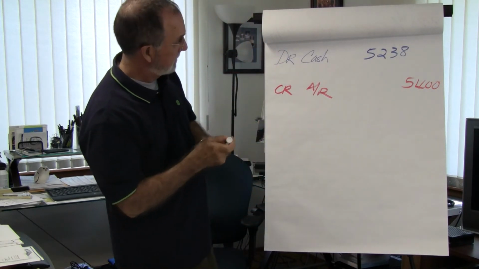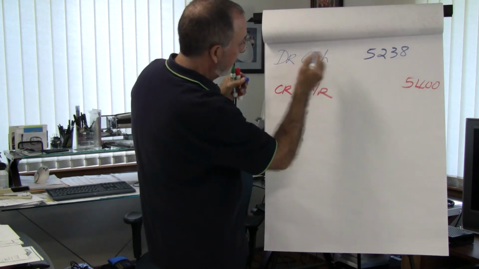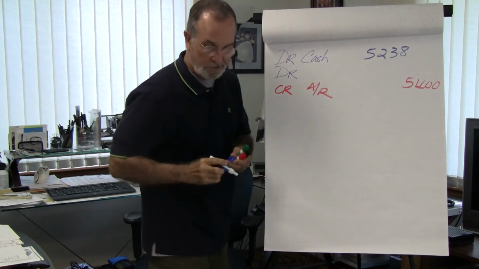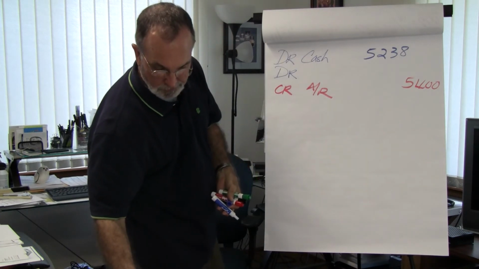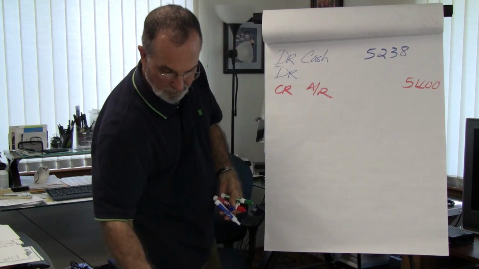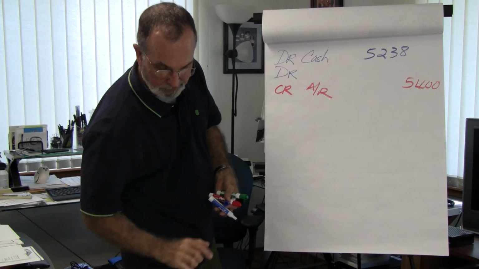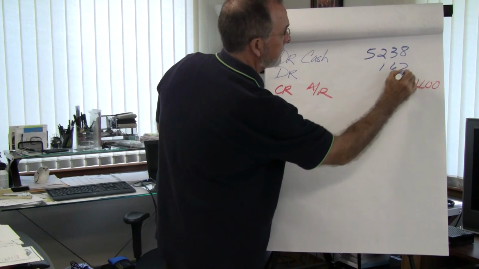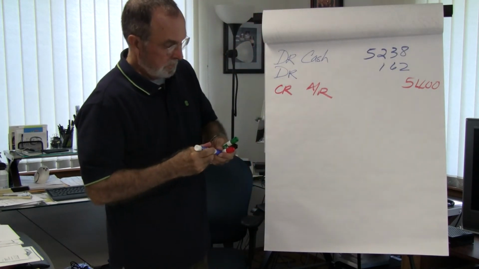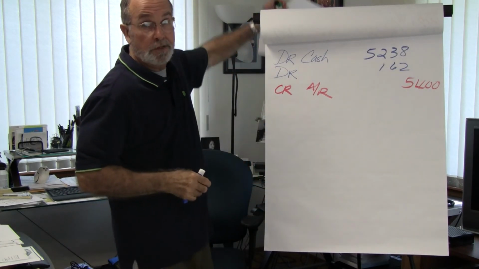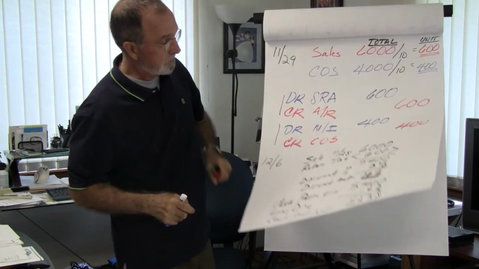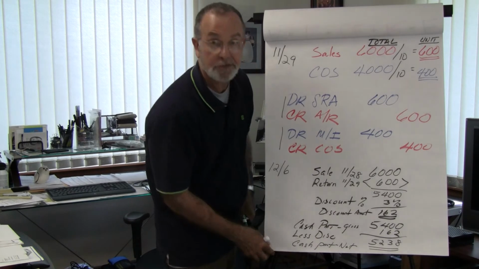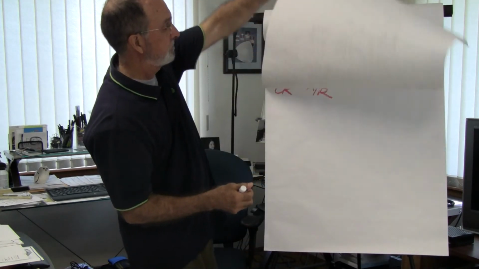And we need a debit amount to balance this entry, and if we were to calculate the amount of the debit that we need, we would see that it's $162. And that should look and sound familiar, and it is, because that's our calculated cash discount, the 3% cash discount.